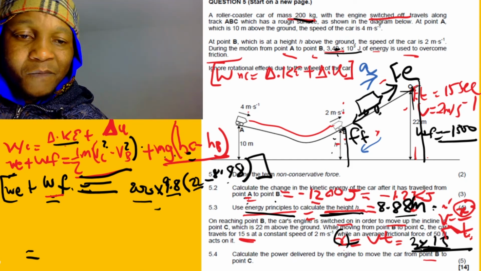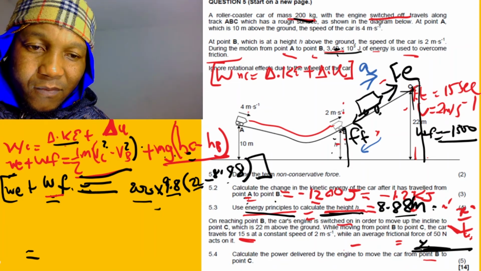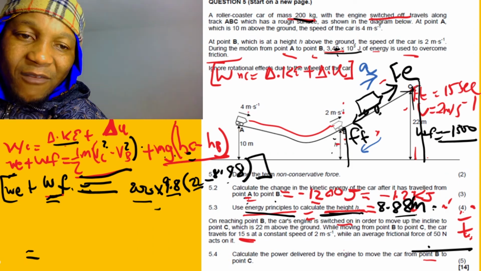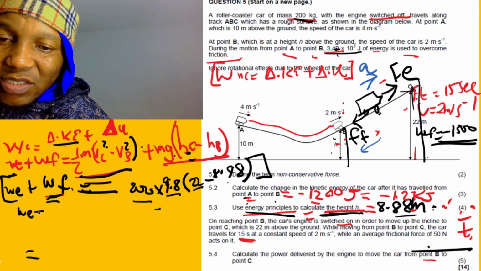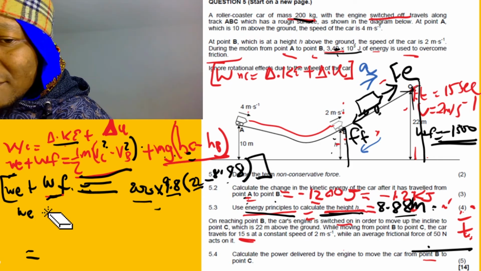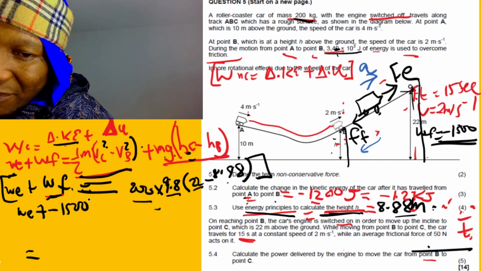Now we can just simply substitute. So, okay. So now the work done by friction, we have negative 1,500. So the work done by engine equals minus 1,500, because of work done by friction.